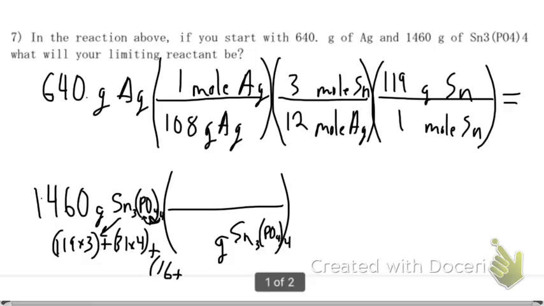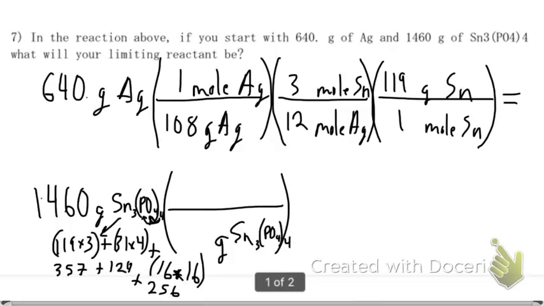Oxygen weighs 16 times 16. So 119 times 3, if it was 120 it'd be 360, so it's 357, plus 31 times 4. If it was 30 times 4 it'd be 120, so it's 124, plus 16 times 16 is 256. I know that because computers used to only have that much storage.